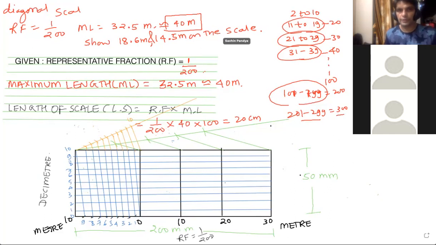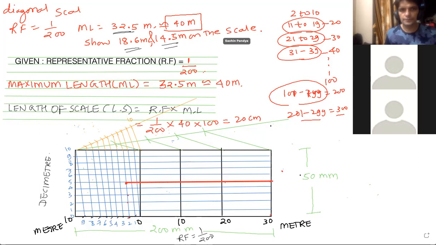Now what we need to do, we need to mark all this distance: 14.5, 18.6, 32.5. So how will you mark all this distance? First we'll take 32.5. So we require 30, then we require 2, right? Then 1, 2, 3, 4, 5. So from here to here, it is 32.5.